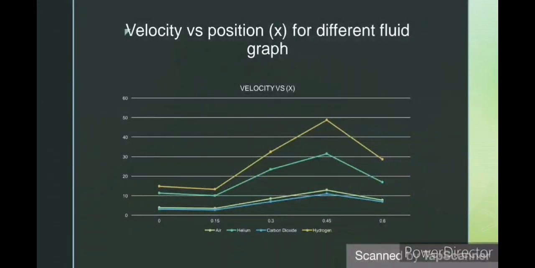All four types of fluids' velocity from 0 meter to 0.15 was only negligible. Then, the velocity started to increase from 0.15 meter to 0.45 meter and decreased drastically once they reached 0.45 meter until 0.6 meter.